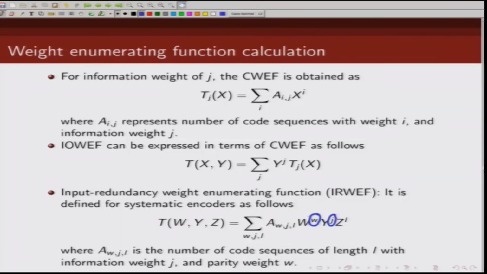The overall weight will be the weight of the parity bits plus the weight of the information bits, so overall weight would be W plus Z. So, the input redundancy weight enumerating function is defined for systematic encoders, where instead of specifying the overall coded weight, you only specify the weight of the parity bits.